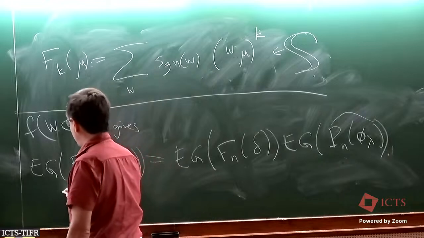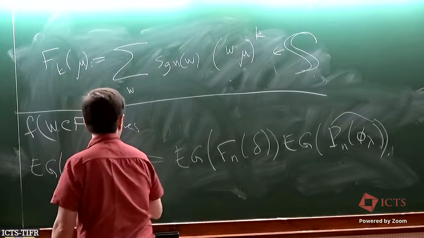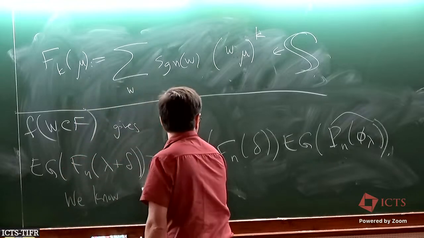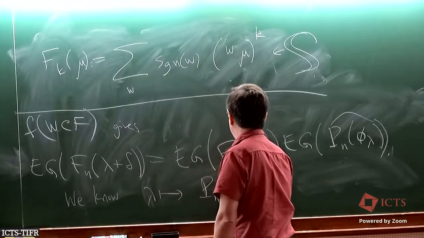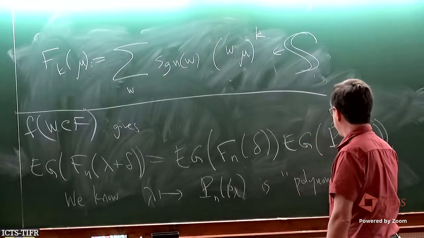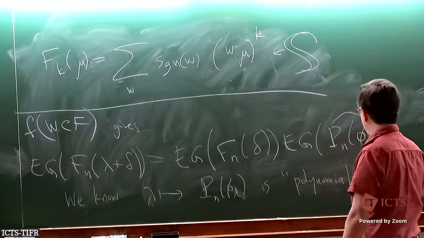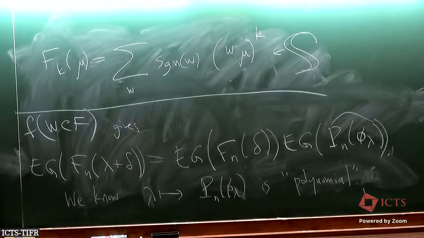So already we know that lambda to Pn of phi lambda, in quotes because you have to interpret it the right way, is polynomial. That's a very long-winded way to answer the question of why, for the Faulhaber sum, if I plug in the odd number, I get the same formula as in the even case.